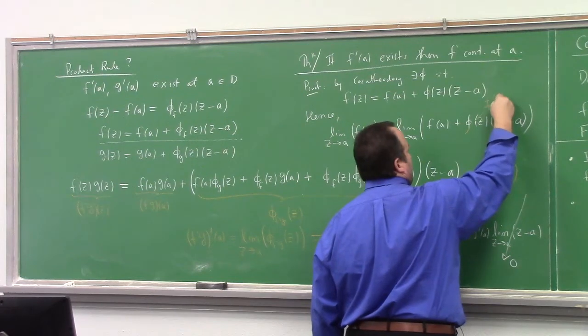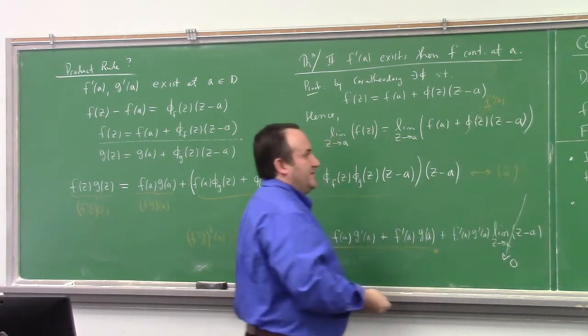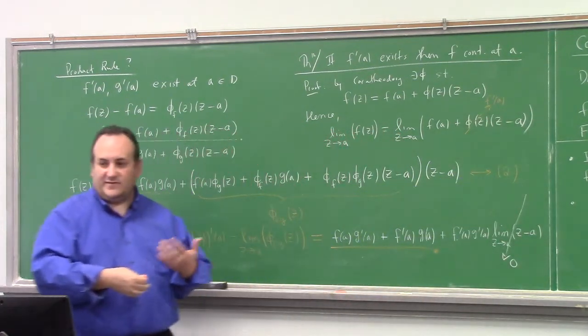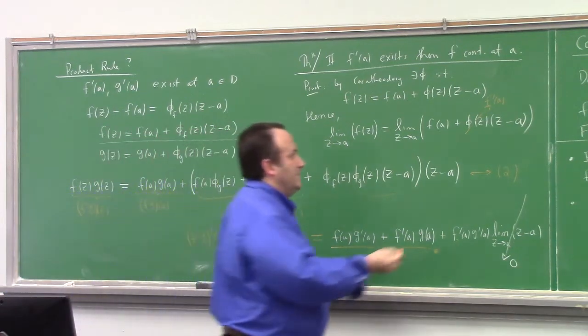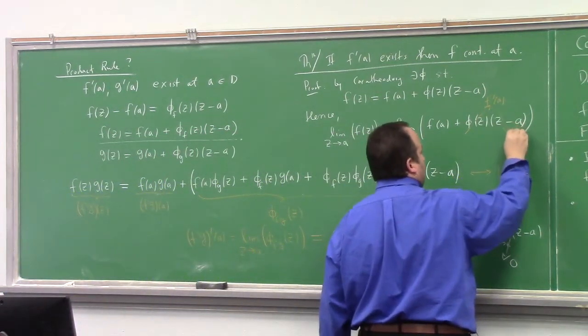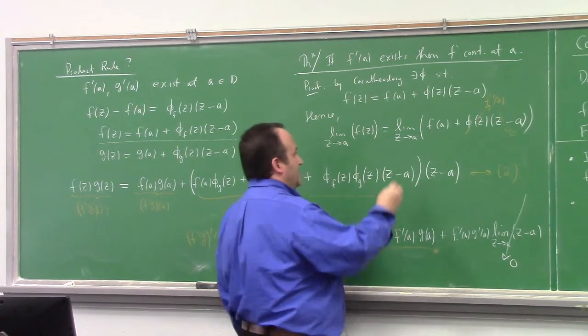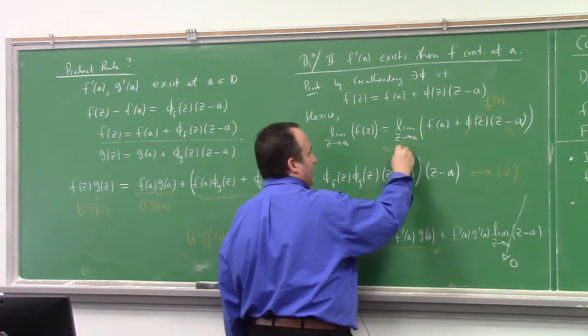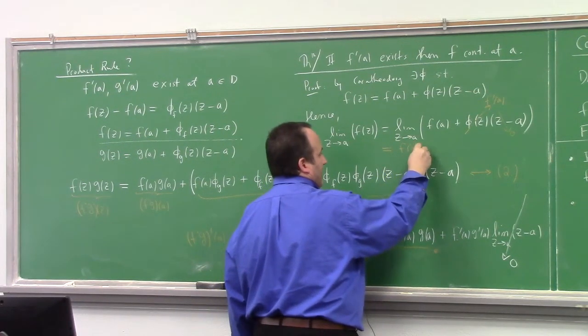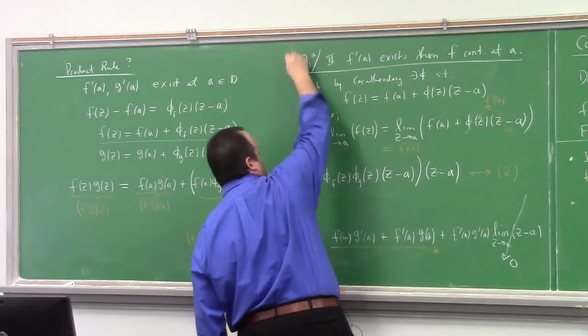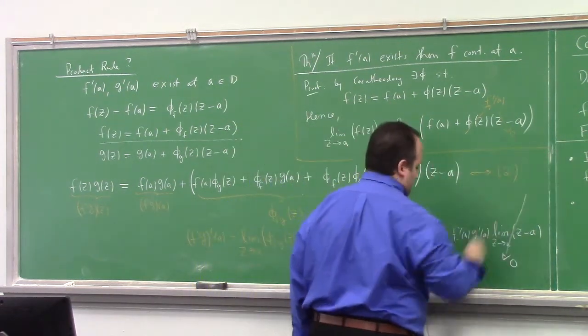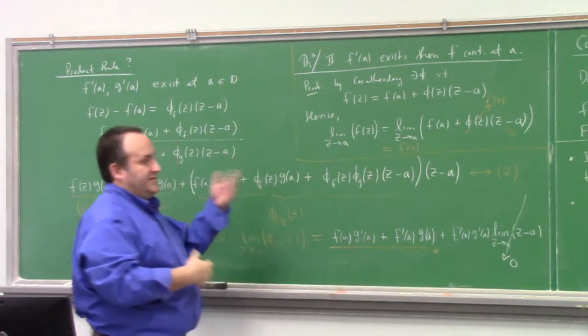So that limit exists, which means we can do the product rule for limits. And of course, we know z minus a goes to 0, right? As z goes to a. And so what are we left with? f of a, right? Which goes to show you that f is continuous at a.